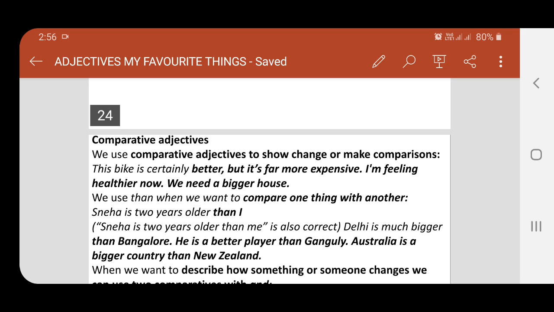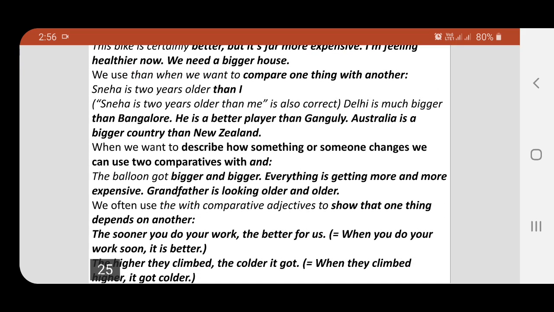He is a better player than Ganguly. Now, who is the best player in cricket? You can compare them. Virat Kohli, he is a better player than Mahendra Singh Dhoni.